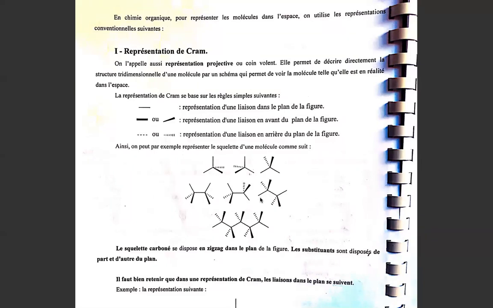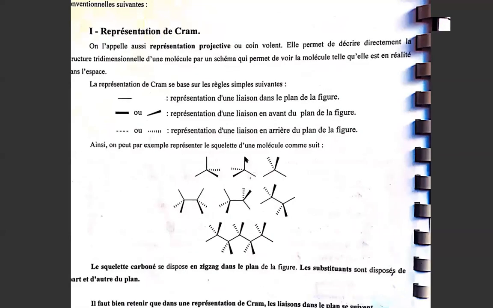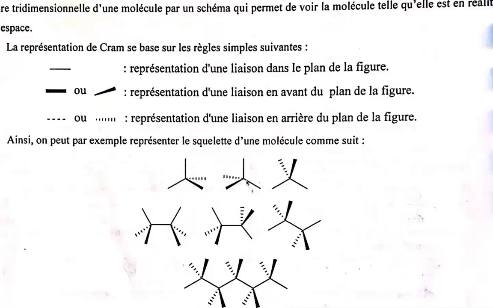So now let me explain. The 2 straight lines that you can see here, this one and this one, represent the molecule in the plane. Then the wedge represents the molecule coming out of the plane. Or in other words, I'll use a page.